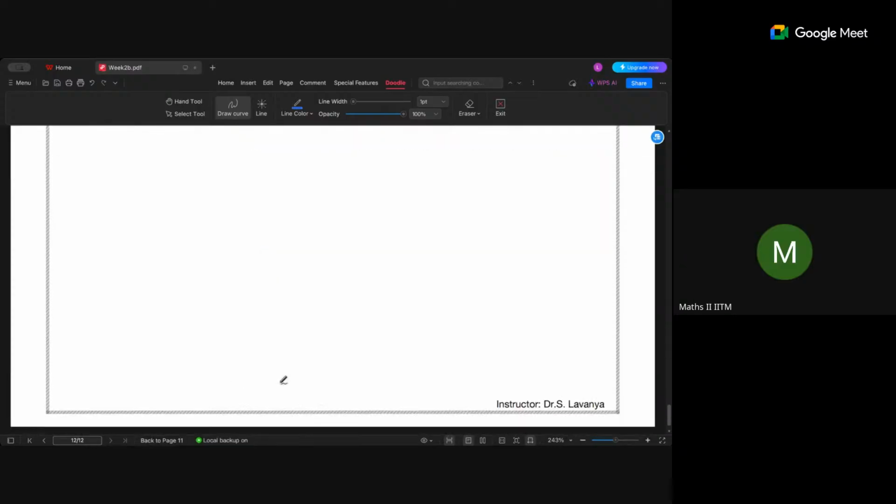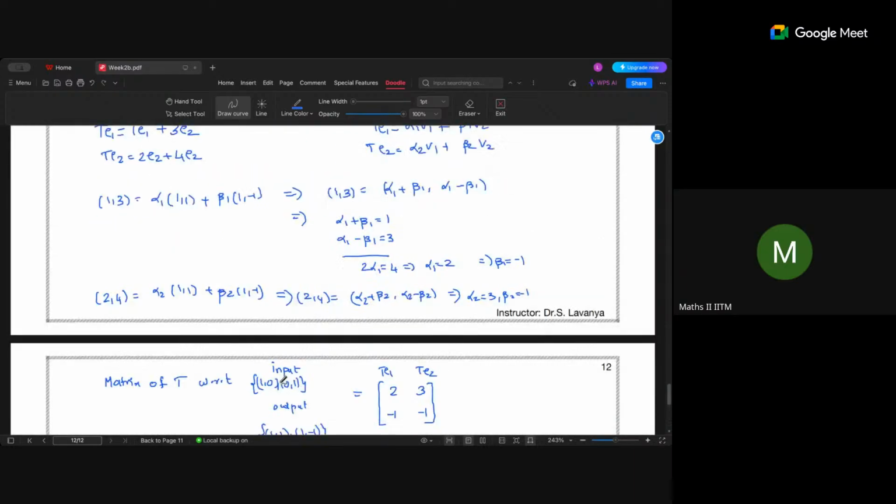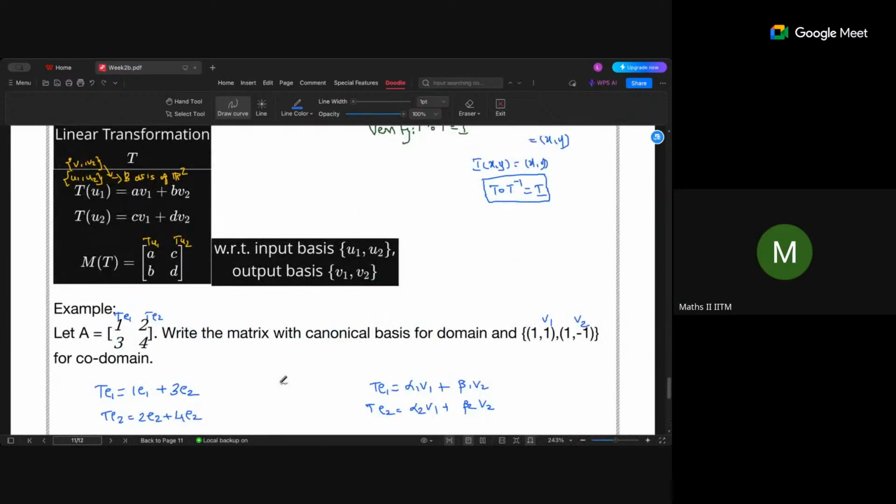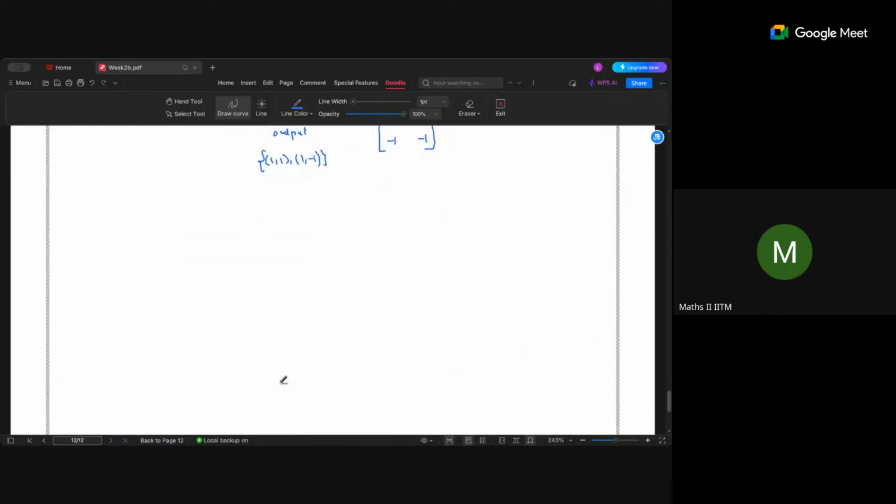So we are done here. Maybe I'll give you a small homework to try, a very simple case. Instead of a matrix, let me give the transformation itself: T of (x,y) equals (2x, x plus 2y).